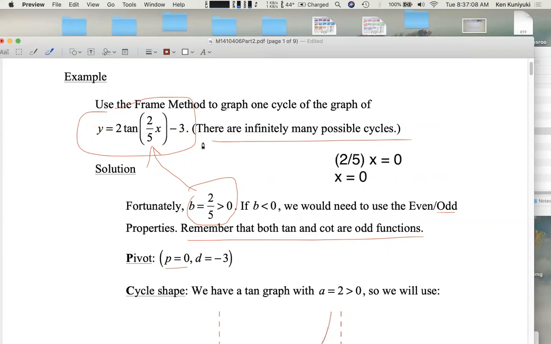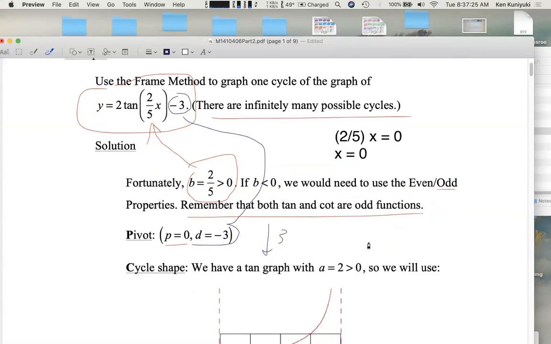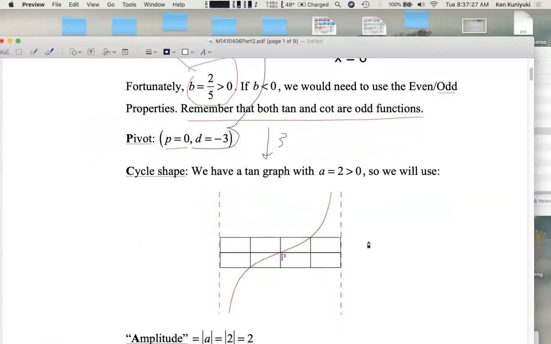Now, what about the vertical shift? We just pull that directly from here. It's this constant term on the right side. That's the vertical shift, -3. We shift the graph down by 3 units. So the origin is basically moved down to the point 0, -3.